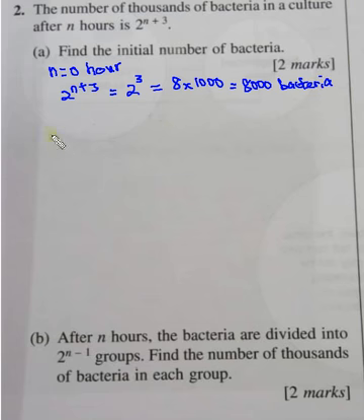Okay, now let's look at the second one. Let's say at the n hour, the total number of bacteria produced after n hour would be 2^(n+3) times 1,000.